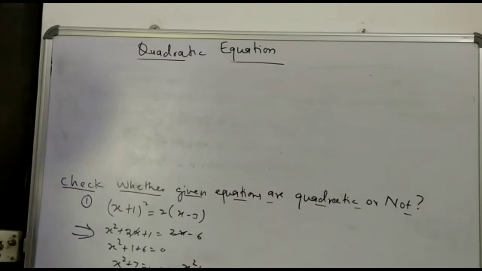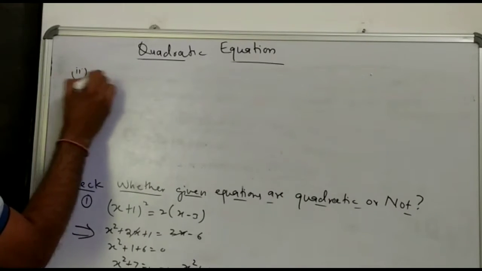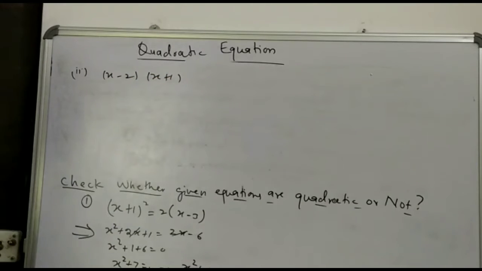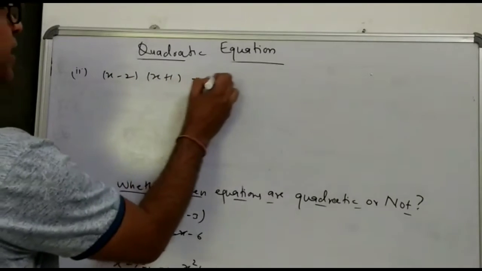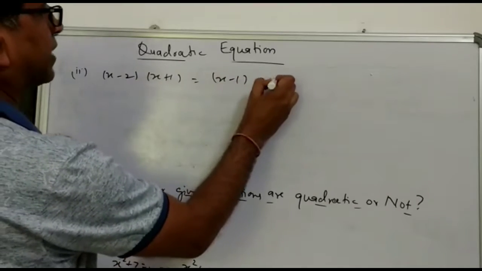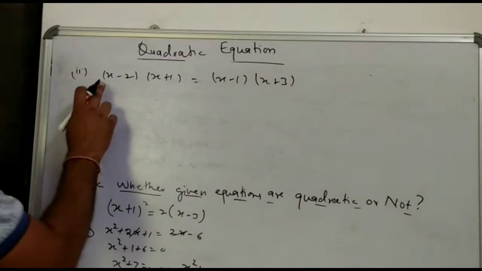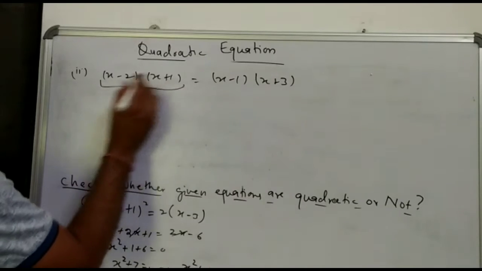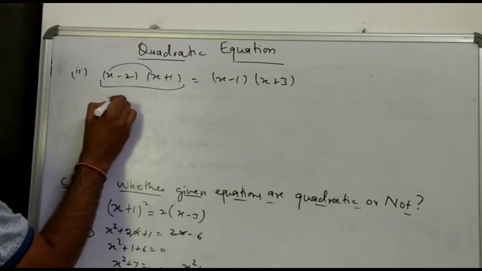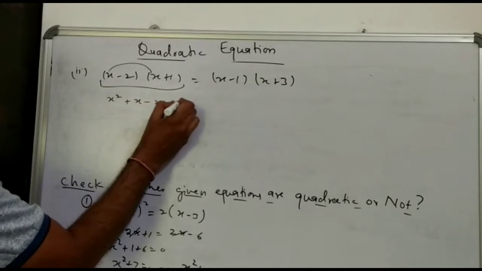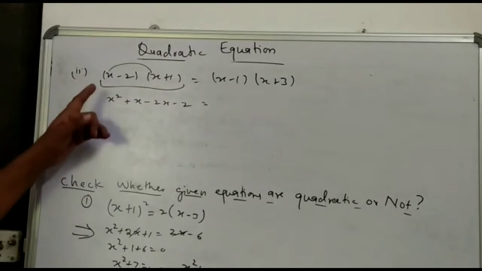The second is x minus 2, x plus 1 and x minus 1, x plus 3. See this part. Now we will multiply this. So x square plus x minus 2x minus 2. I hope it is clear to you.